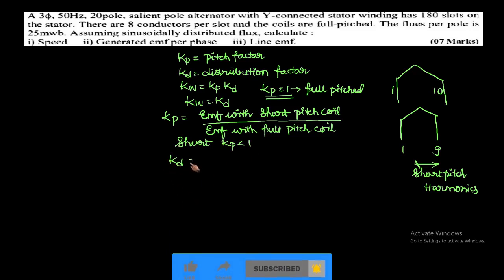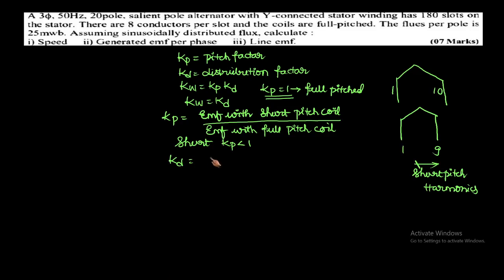Next we will see Kd. Kd is known as the distribution factor. It is defined as the EMF with distributed winding to the EMF with concentrated winding.